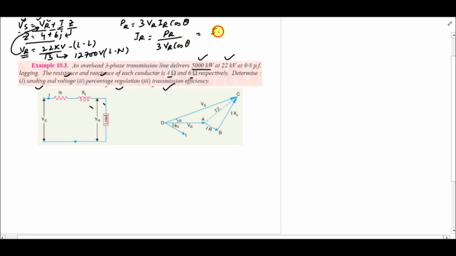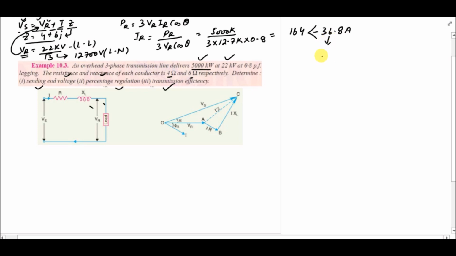PR value is 5000 k, 3 into 12.7 k into 0.8, and you will get the value that is equal to 164, and from cos theta you will get the angle which is lagging, minus 36.8 ampere.